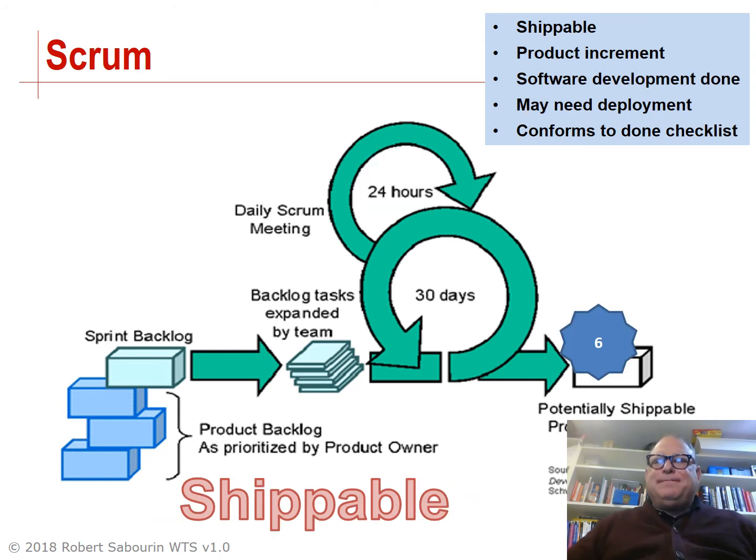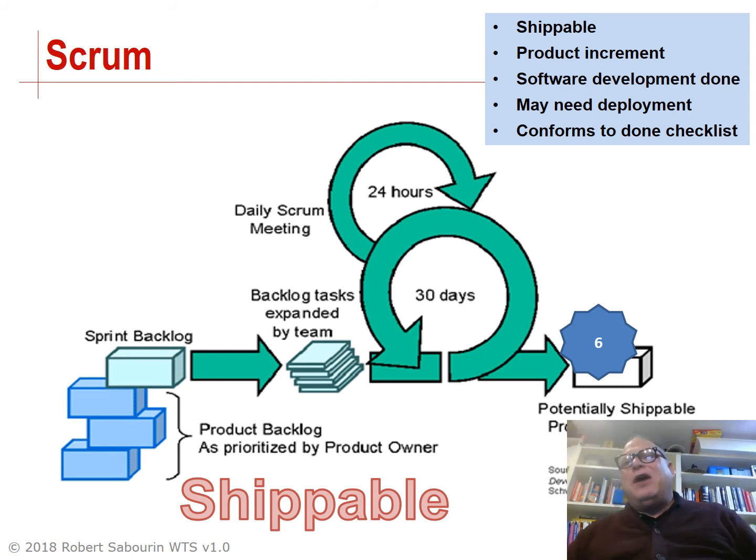A product at the end of a sprint is in a state that is potentially shippable. That means that every feature that's been implemented from the sprint backlog is ready to go. We've created an increment of the product. We haven't created the whole product. We've created a part of the product which is ready, which is done.